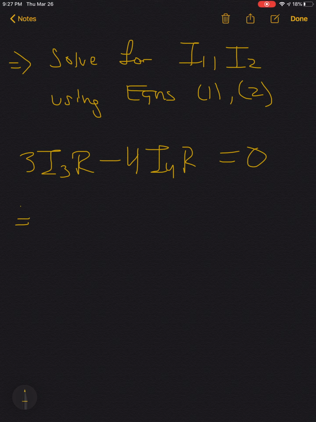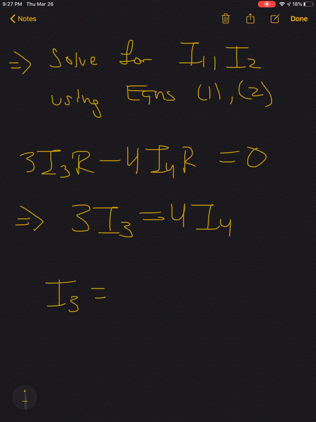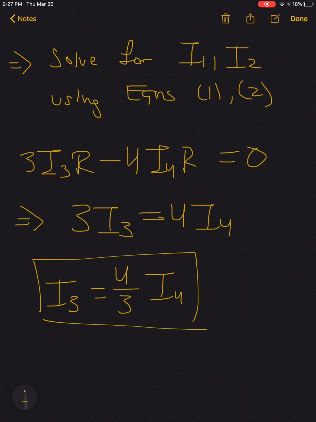And what you get is 3I3 equals 4I4. You could write this any way that you so choose. You could write this as I3 is equal to 4/3 I4, or the reciprocal of that, where I4 is 3/4 I3. I'm not going to write both of those out.